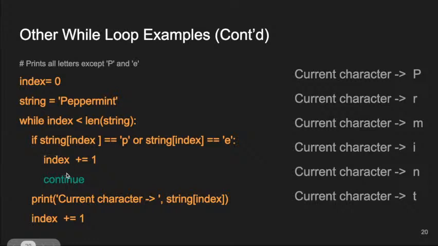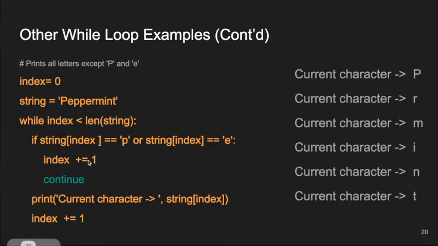Where you see continue inside your loop, it doesn't execute anything below it. Rather, from this continue, it comes back to check this condition for the next iteration, and that's because here we've increased the index. If we had not increased the index, we would have been in trouble.